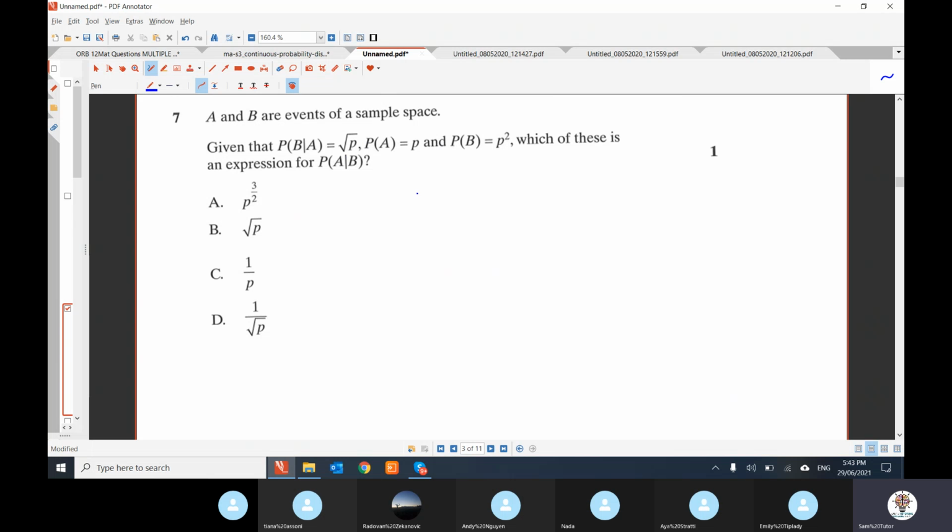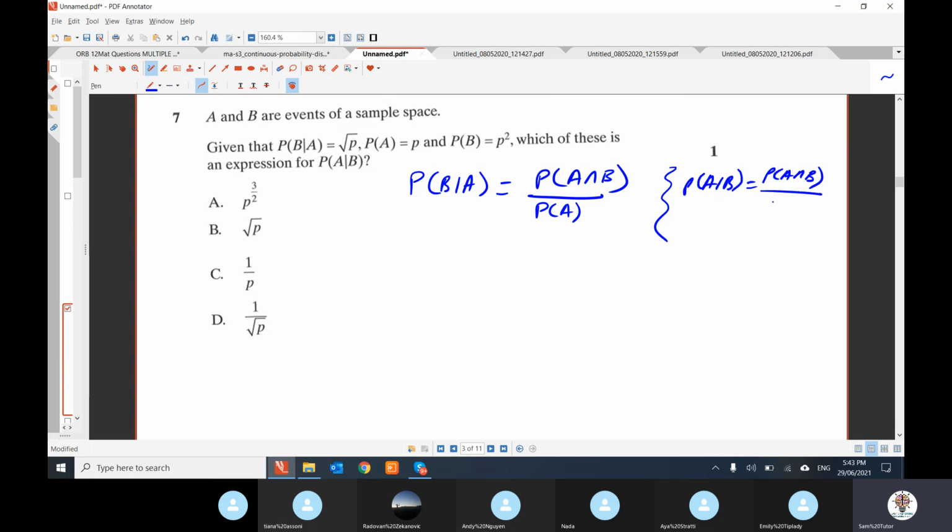Okay, slow it down. Probability of B conditional to A equals probability of A and B over probability of A. Probability of A conditional to B is equal to the same top, just a different denominator.